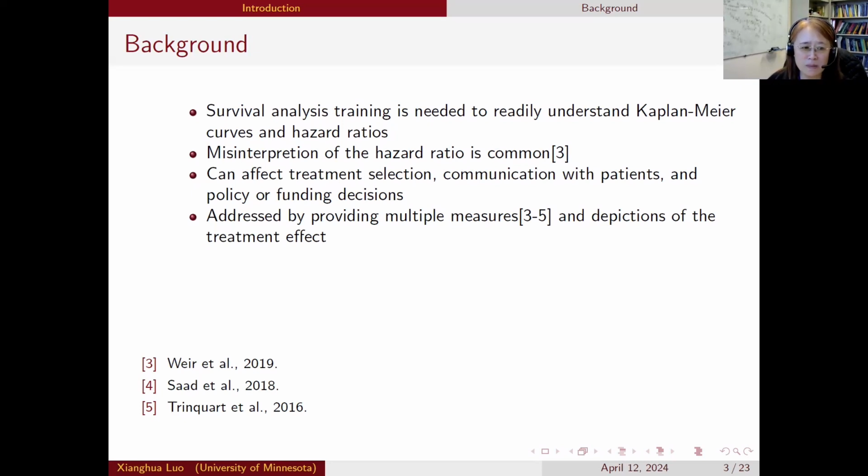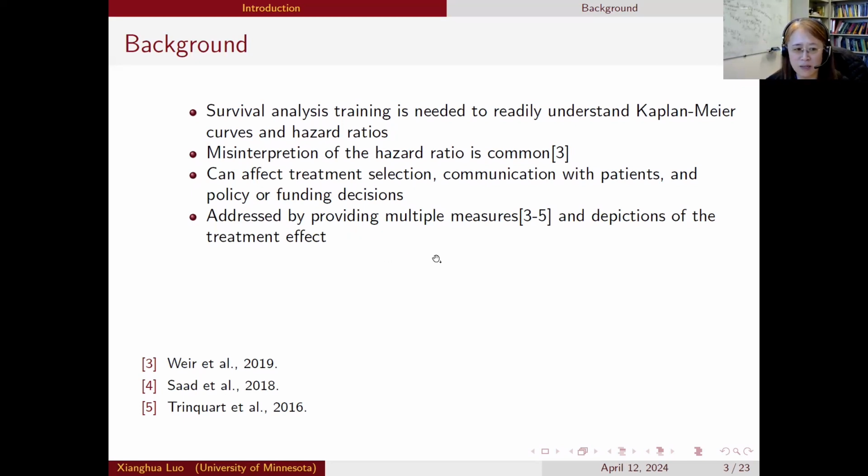So the misinterpretation of some statistical results can impact not just the patient communication with doctors, it can also impact the treatment selection and other maybe higher level, such as policy making at the government level.